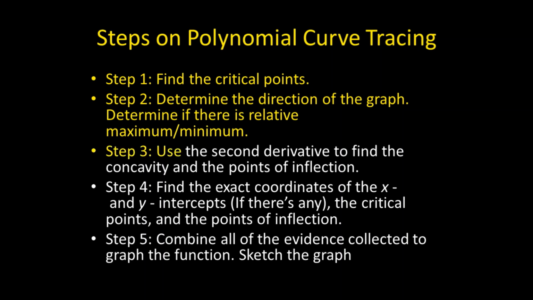Use the second derivative to find the concavity and the points of inflection if there's any. Step 4. Find the exact coordinates of the x and y intercepts if there's any, the critical points, and the points of inflection. Step 5. Combine all the evidence collected to graph the function and sketch the graph.